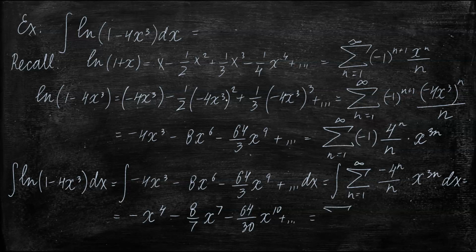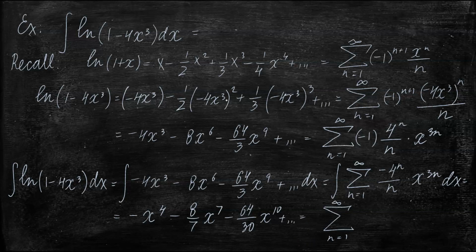In general, this series can be written like this. We're going to have another constant of integration, a, but a will be equal to f of 0, which is in this case 0. So we're not going to have any constants of integration here, of course.